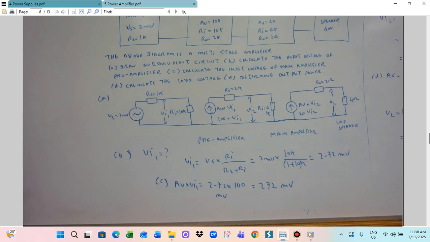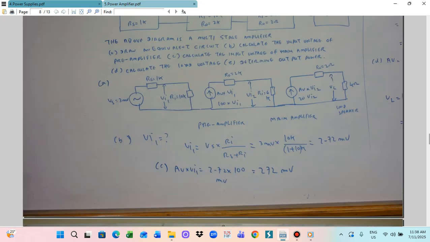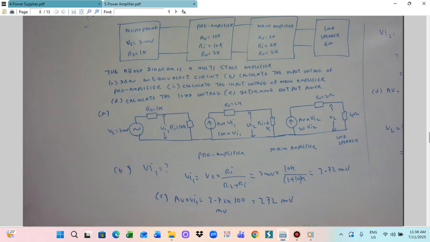The first thing we have to calculate is the input voltage of the pre-amplifier. So the pre-amplifier input voltage VI1 needs to be calculated. Answer A is just drawing the equivalent circuit diagram. For answer B, we need to calculate the input voltage of the pre-amplifier, VI1. VI1 is equal to VS multiplied by RI divided by RS plus RI.